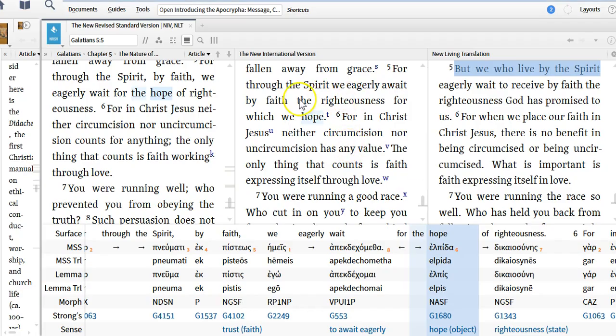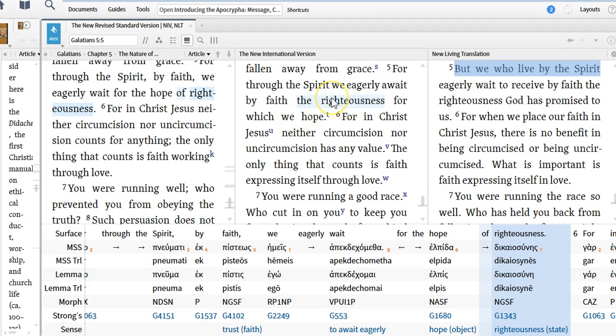Now, what we encounter in the NIV is perhaps surprising, because rather than waiting for the hope of righteousness, here we see we eagerly await the righteousness for which we hope.